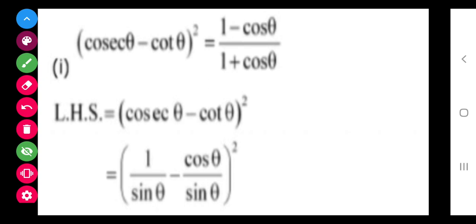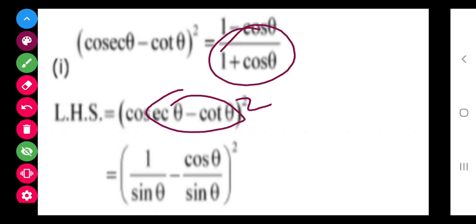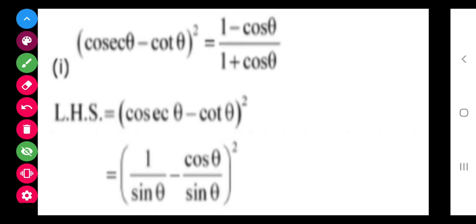Now talking about the LHS of it, (cosec A minus cot A) whole square is given. Now there is no relation between this and this, so we will use the basic trick of trigonometric identities, that is to convert everything into sine and cos.